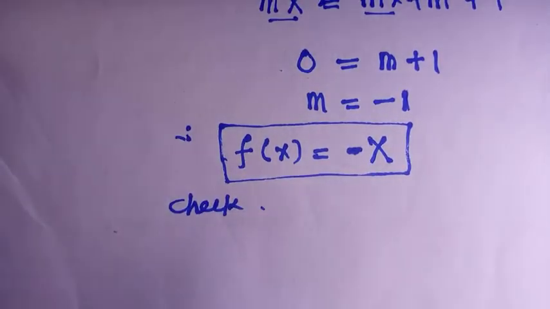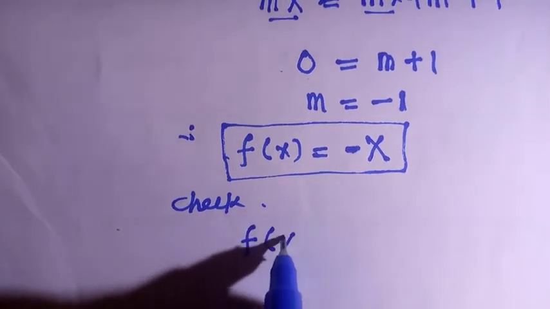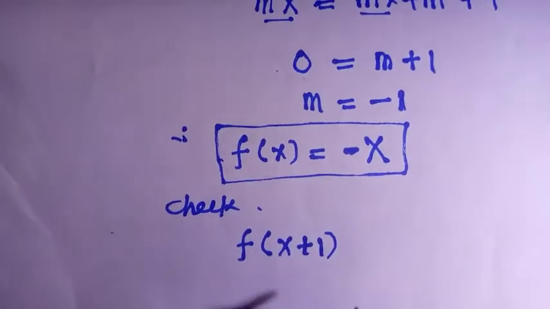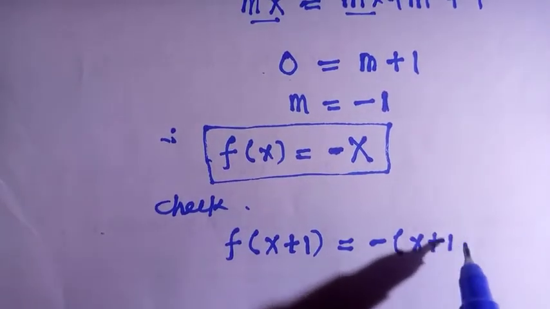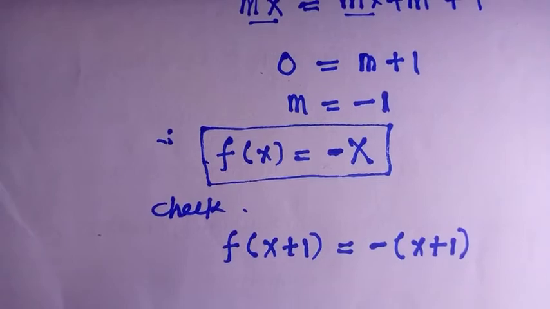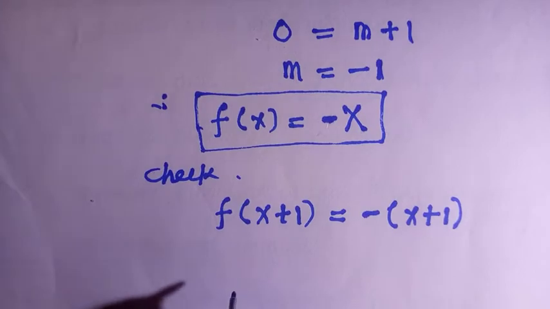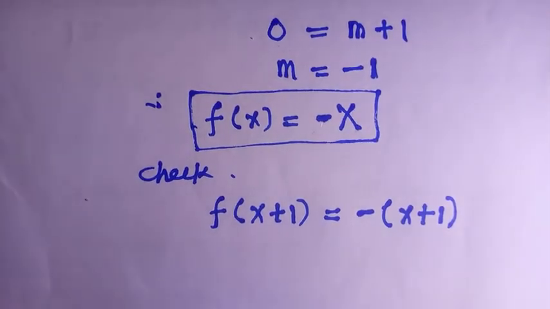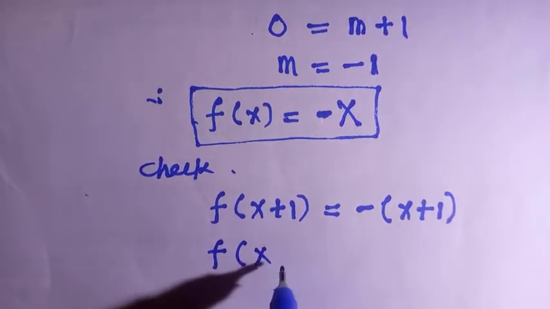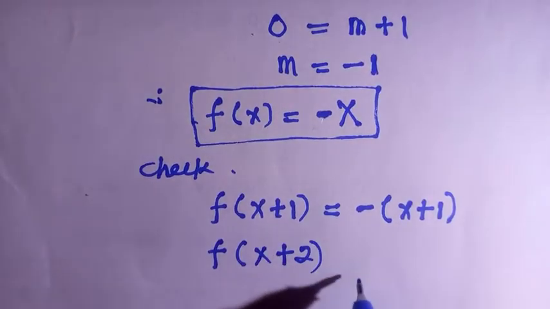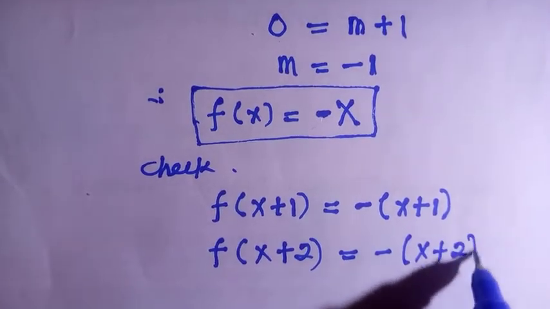From the above, f of x plus 1 is going to be negative bracket x plus 1, since f of x equals negative x. And for the other side, we have f of x plus 2, which means this will also change to negative bracket x plus 2.